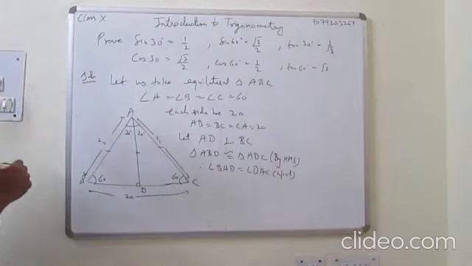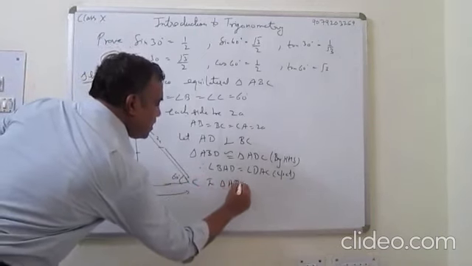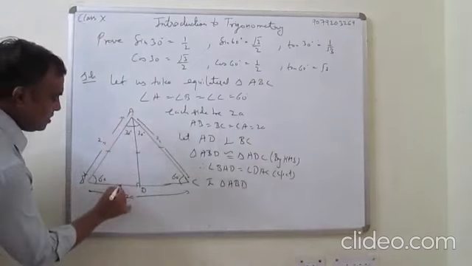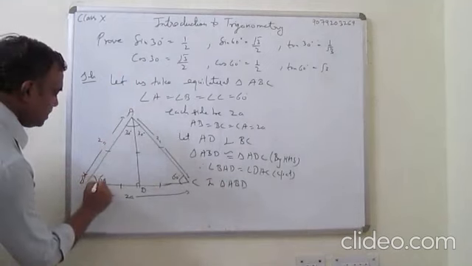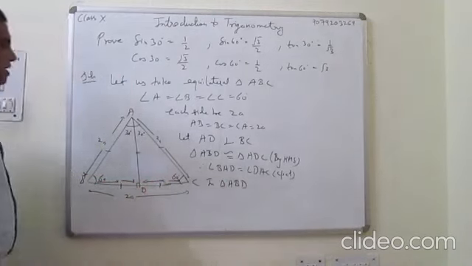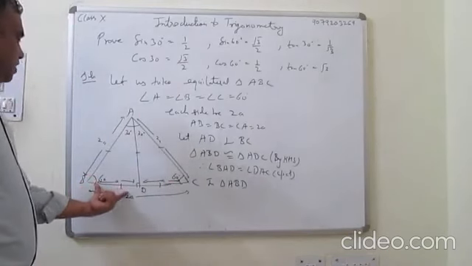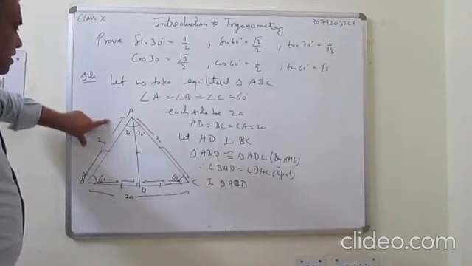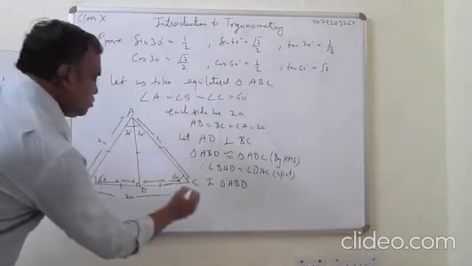Now in triangle ABD, BD equals DC. This is also by CPCT, and this is A, and this is A. In triangle ABD, BD is equal to A, AB is equal to 2A. So we can apply the Pythagoras theorem.